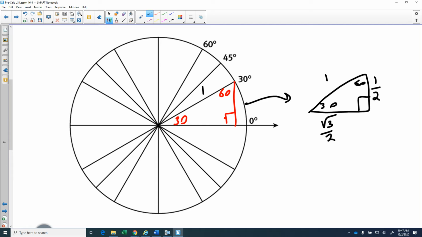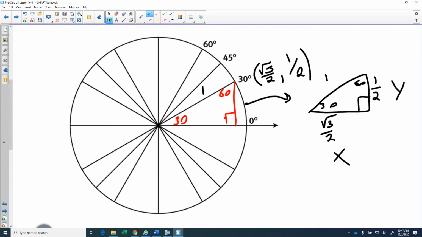What this actually does is it creates a specific measurement at this value, okay? Because I have those two, I can actually relate this back to a specific measurement. Technically at 30 degrees, if I look at this as both an x and a y coordinate, I have the coordinate square root of 3/2 and 1/2.